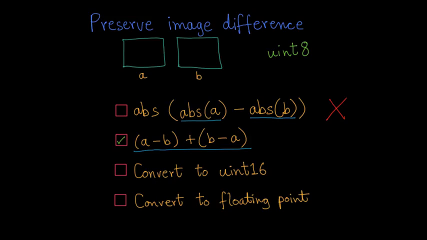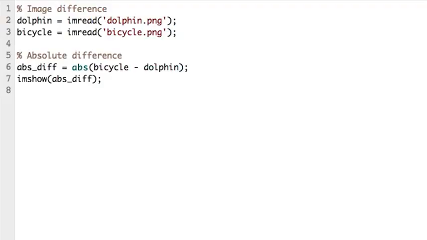Converting the images to uint16 does increase the range of values that they can store. But remember that U signifies unsigned, which means uint16 cannot represent negative numbers, and we'll end up getting the same result. Floating point images can inherently store negative values. Hence, converting to floating point would help.